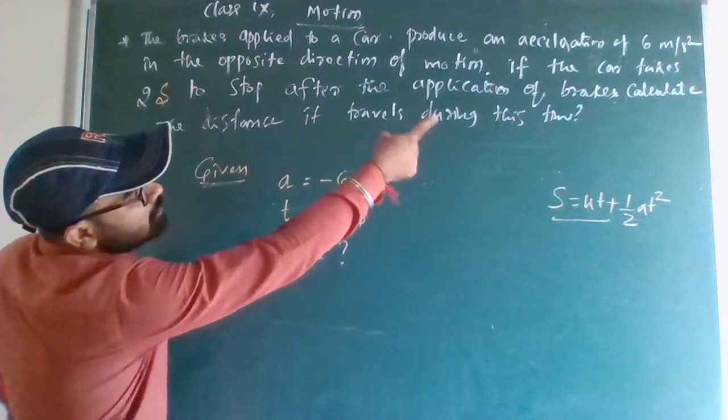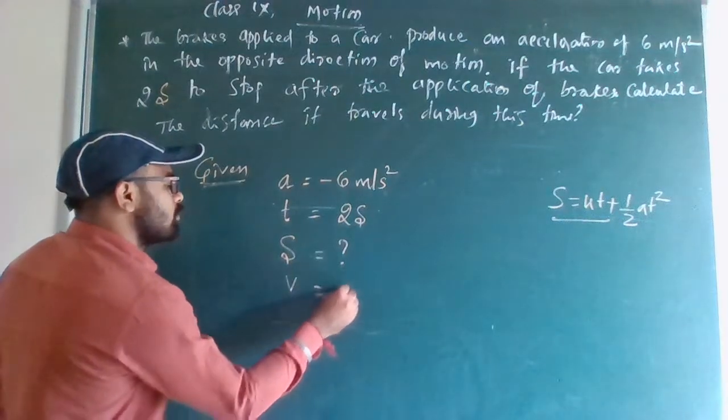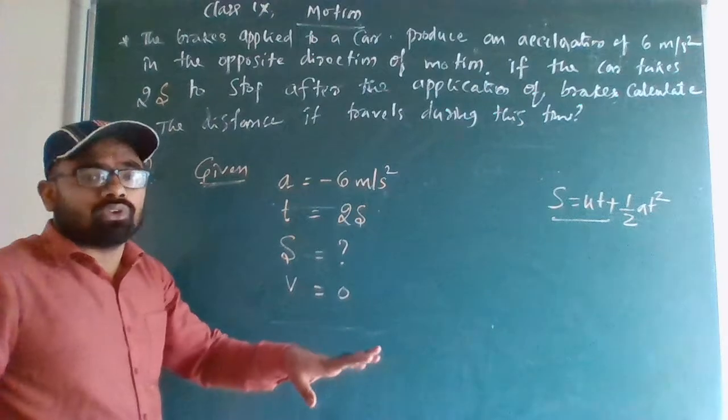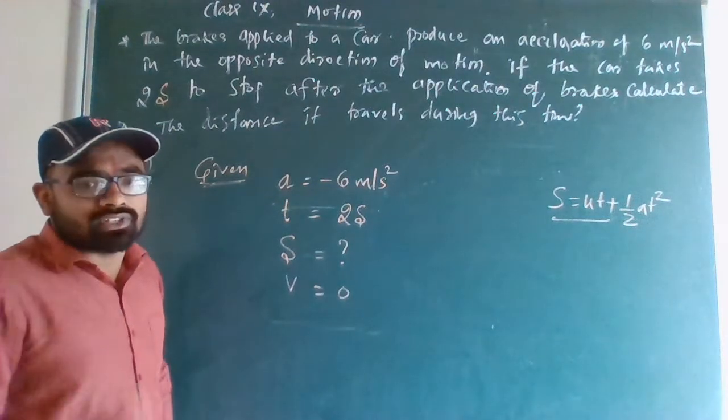Here it comes to rest, which means final velocity is 0. Starting from rest would mean initial velocity 0.